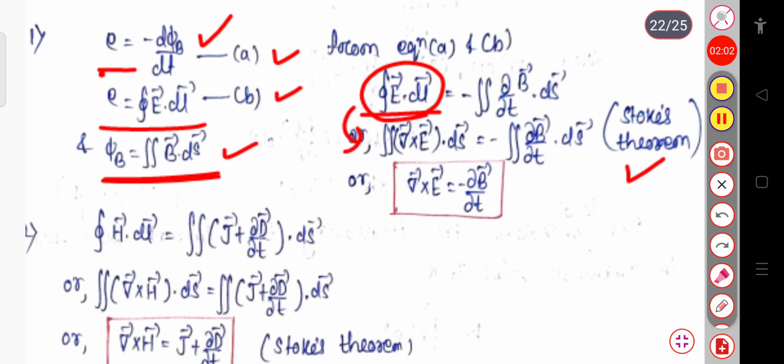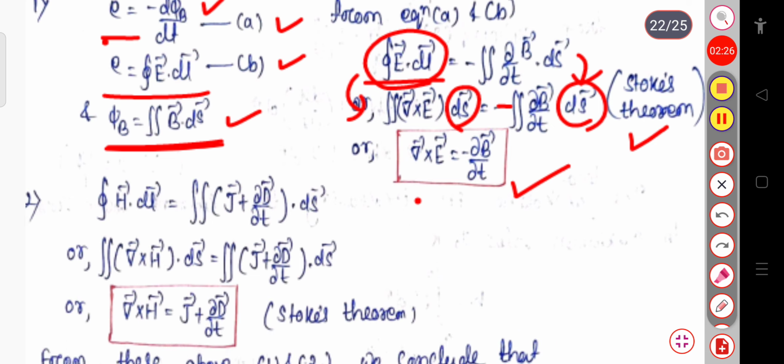This will be equal to the right hand side term, which remains as it is, minus the surface integral of dou B by dou t dot ds. Now this del cross E will be equal to minus dou B by dou t. This is Maxwell's equation.